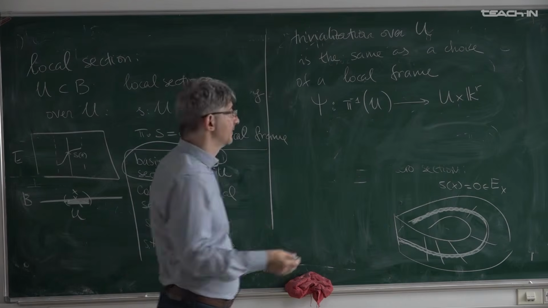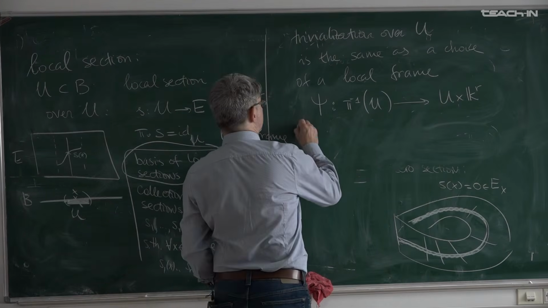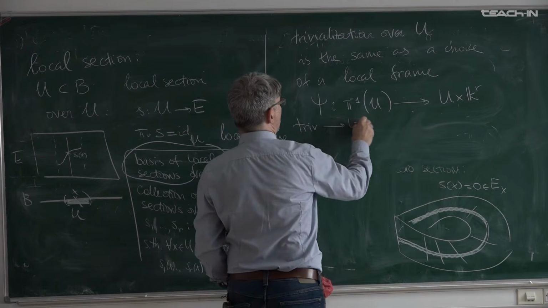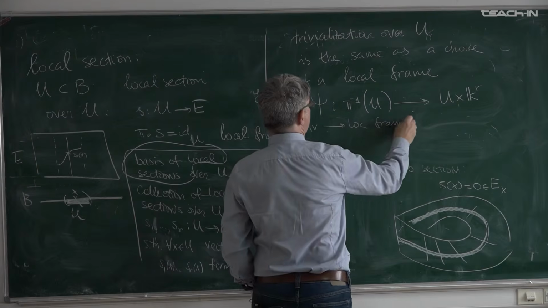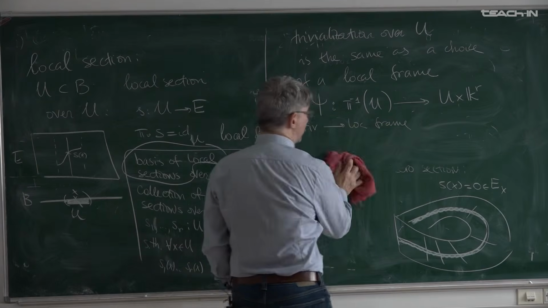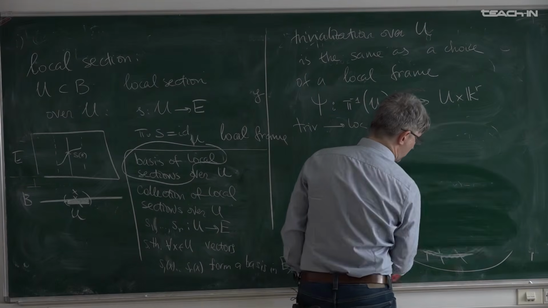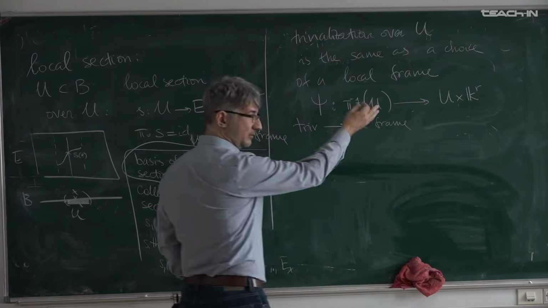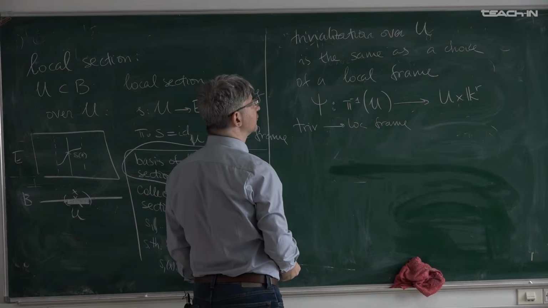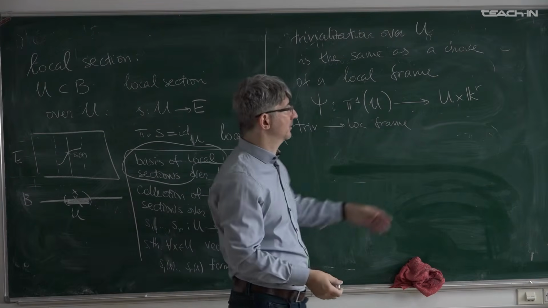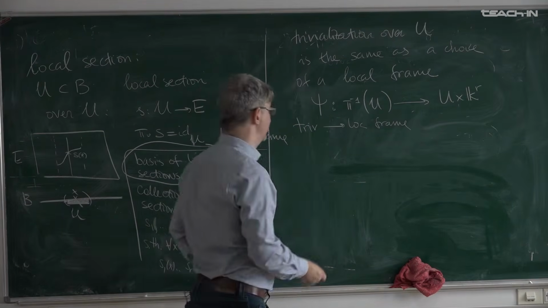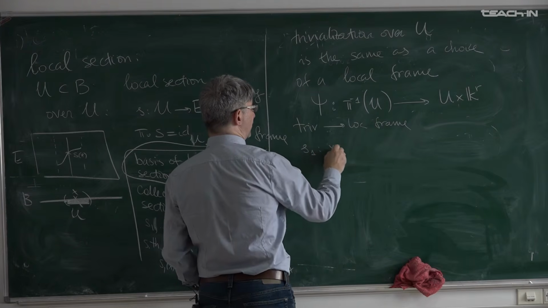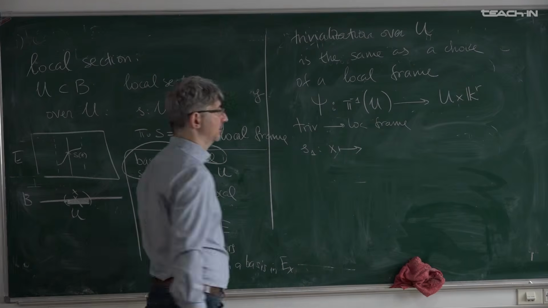Everybody can tell me. Trivialization, local frame. So imagine we already have trivialization. Would you suggest some sections of this trivial vector bundle? S1, for example, I can send X to where?